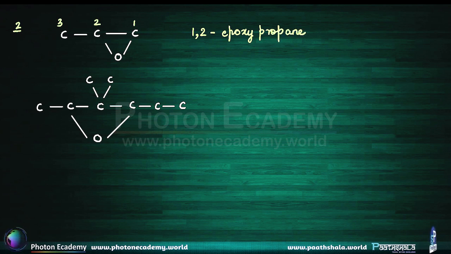Moving on to the third one, we have over here a huge carbon chain and we start the numbering from the left hand side, now 1, 2, 3, 4, 5 and 6.